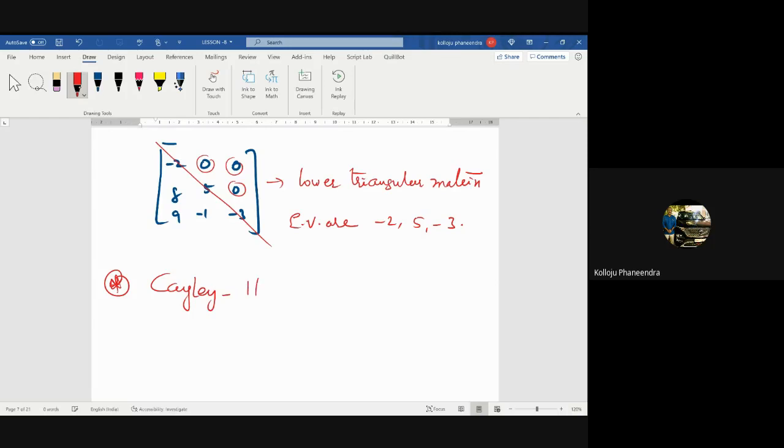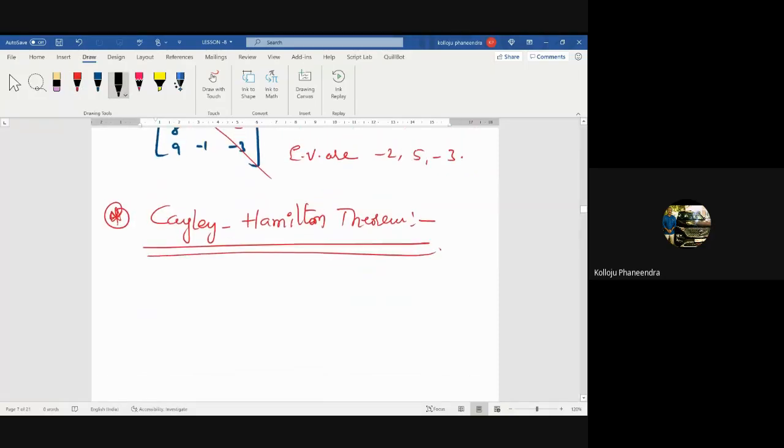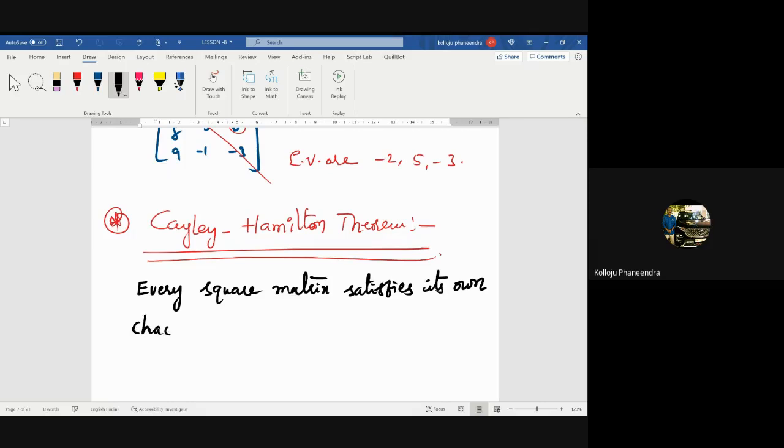The statement is: every square matrix satisfies its own characteristic equation.